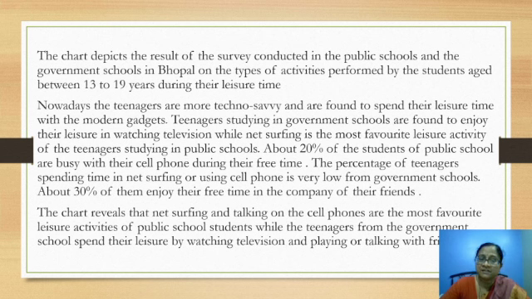The chart reveals that net surfing and talking on the cell phones are the most favorite leisure activities of public school students, while the teenagers from the government schools spend their leisure by watching television and playing or talking with friends. So, my conclusion is drawn based on the analysis of the given data in the question. I have not given any personal comment.